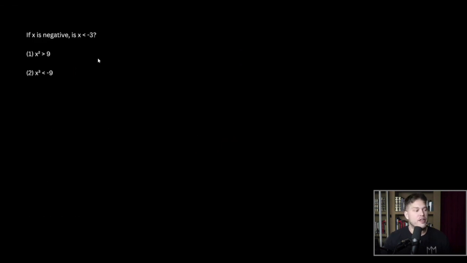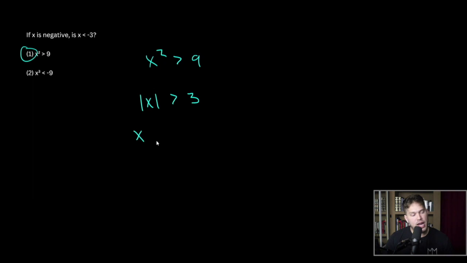If x is negative, is x less than negative 3? So statement 1 says that x squared is greater than 9. If I take the square root on both sides, then I'd be left with the absolute value of x is greater than 3. And the absolute value of x is greater than 3 implies two inequalities.